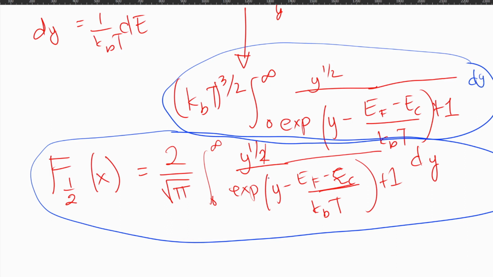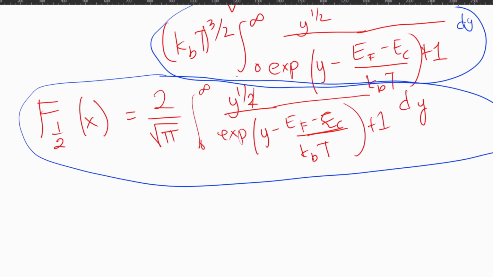Dyan pala. So similar sila ng form because this is actually a form of the Fermi-Dirac integral. So pwede natin itong gawing Fermi-Dirac integral using x is equal to EF minus EC over KBT.